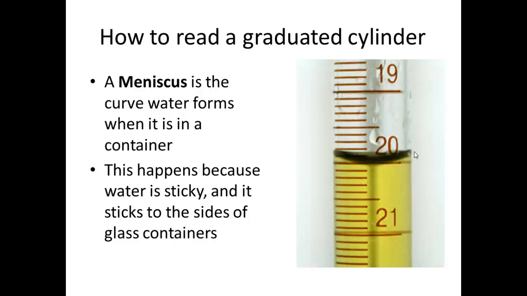Antonio, can you just keep your head up first? Sorry. Okay. So this happens because water molecules actually stick to each other and other things. You know this because when you put your hand in a dish of water, what happens to your hand when you pull it out? It's wet. Water sticks to your hands. And it also sticks to the side of the glass container. So that's what causes a meniscus.